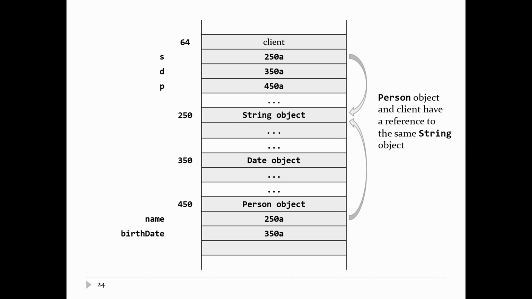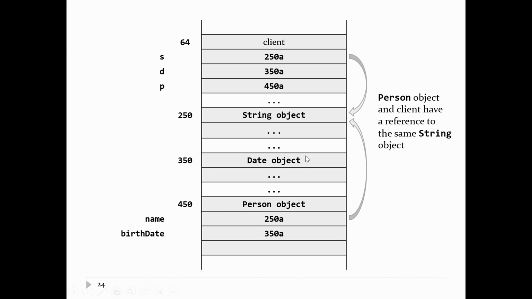Then if you were to draw the memory diagram for that picture, you would end up with the following. The caller of the method has a string s, that's the name. So there's the string object. They have a date that represents the birth date, so there's the date object. The caller has a reference to that string object and a reference to that date object.